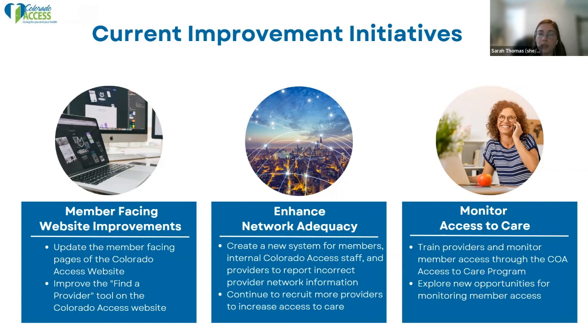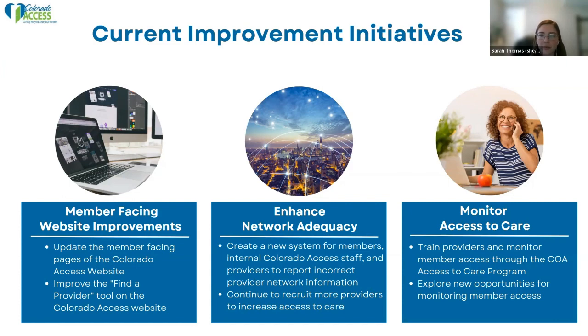well. We worked on a new system to enhance our network adequacy. As described earlier, sometimes members or our internal teams can come across incorrect data within the Colorado Access system or in real time when talking to a practice. And so we created a form where members, providers, and internal staff can report this real-time error so that our internal backend teams can investigate this.